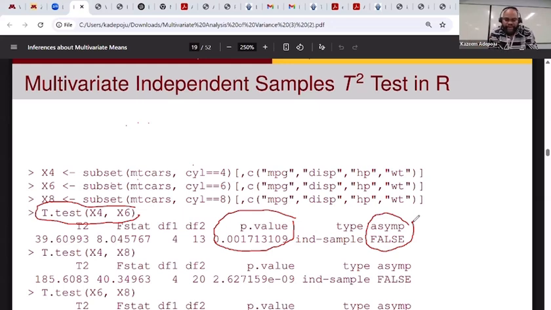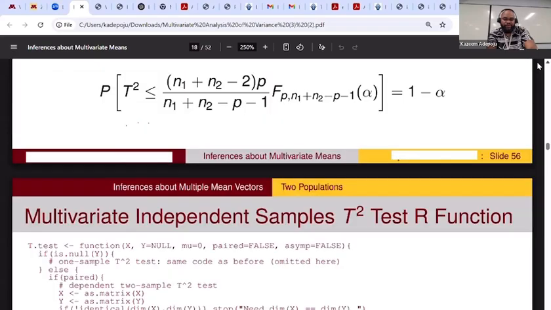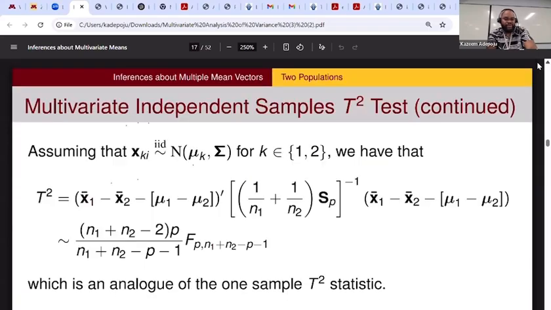So what does the p-value talk about? Do you know that R has saved us a lot of time? If we want to compute this manually with a data set, you are expected to do all of this.